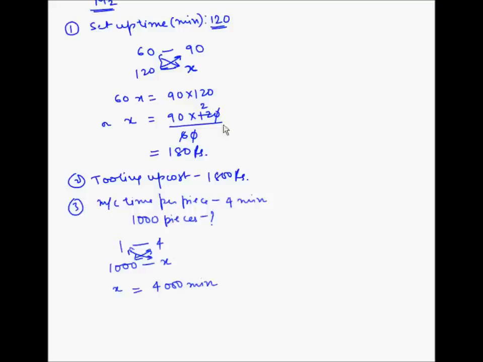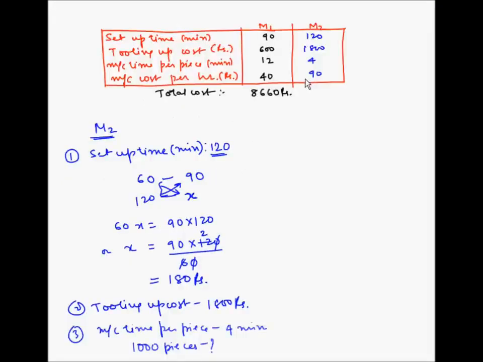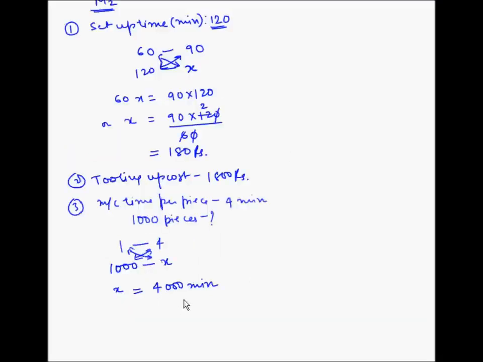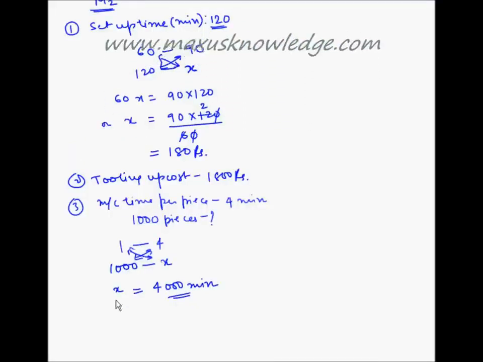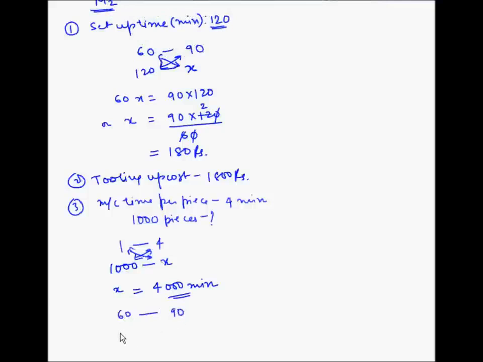So because there is cost associated for the time that we are using M2, we have to convert this time in terms of rupees. Now we know that the machine cost per hour is 90 rupees. So for 60 minutes, the machine cost is 90 rupees. So for 4000 minutes, how much is the cost?